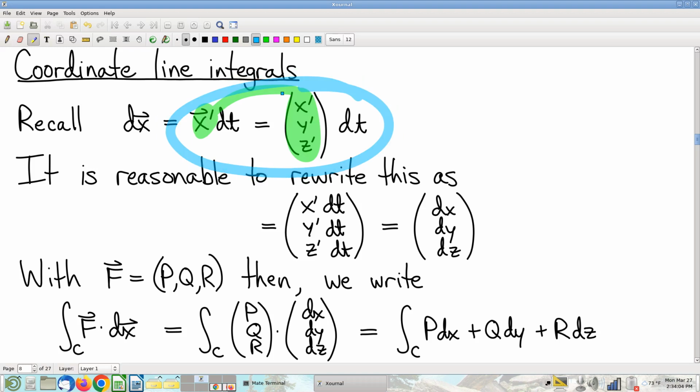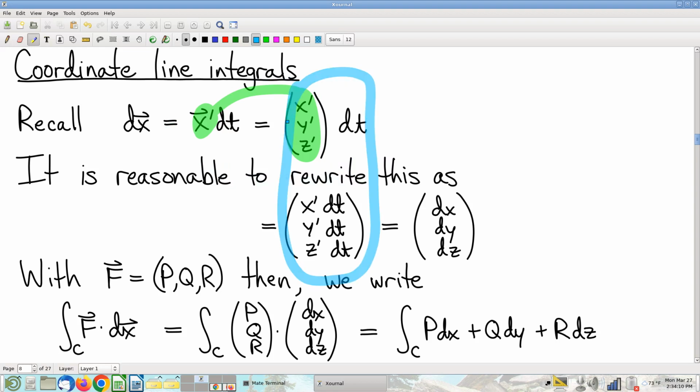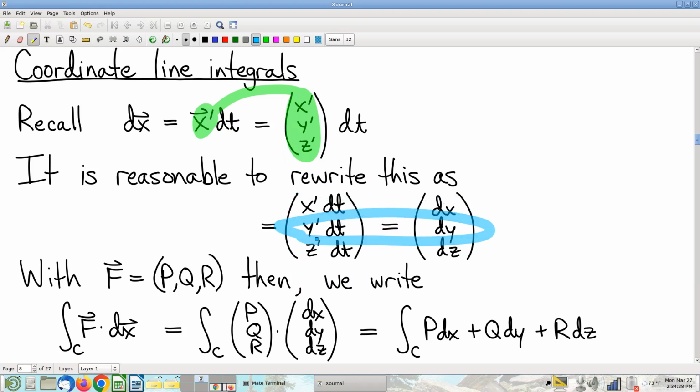Just wrote it out in terms of coordinates. And now let me again not do anything particularly significant. Let me just distribute the dt. Right, why not? We haven't done this yet for no particular reason, but let's go ahead and just distribute that dt. And then I'm going to point out that x prime dt, very naturally we would call that dx. Likewise, y prime dt, we would call dy, et cetera, et cetera.